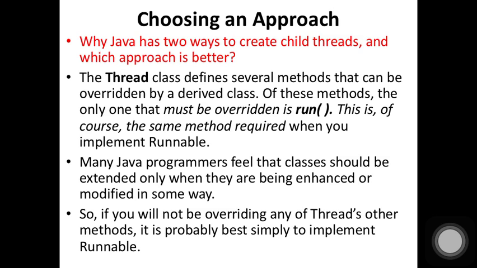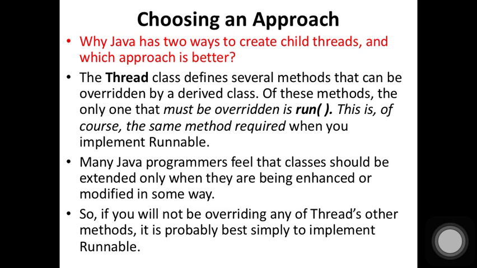We should not override the remaining methods; only the run method is required. Why? Because we need to add the appropriate code for that particular thread. That is the entry point, where the thread performs the task assigned to it.